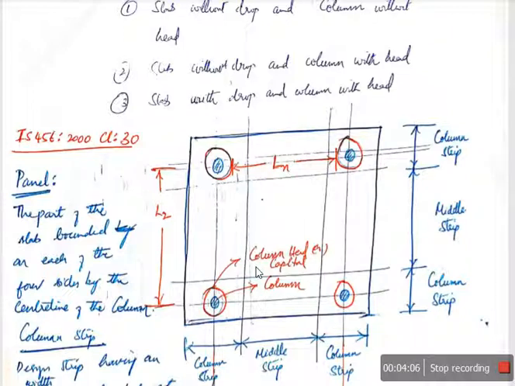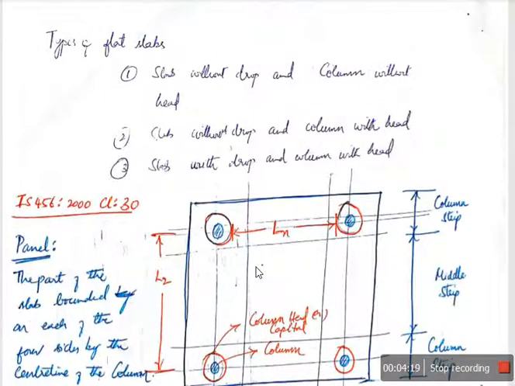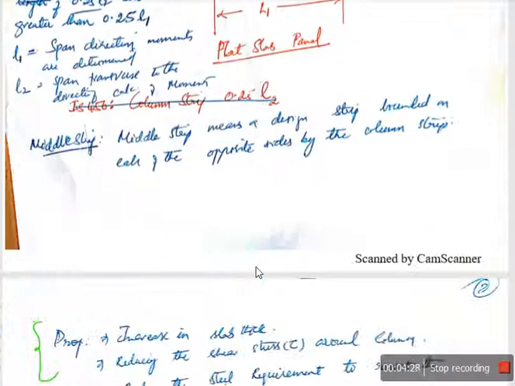We'll go ahead with one example, and in the next videos we'll go with the other conditions: slabs without drop and column without head, slabs without drop and column with head, and a slab with drop and column head. So let's go to it.